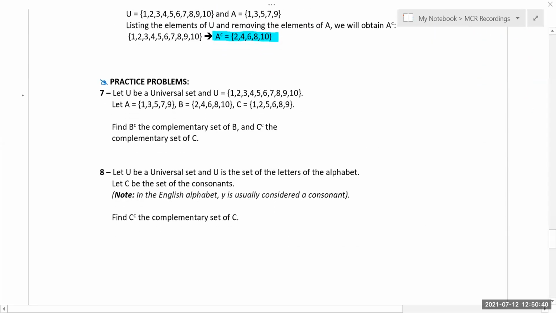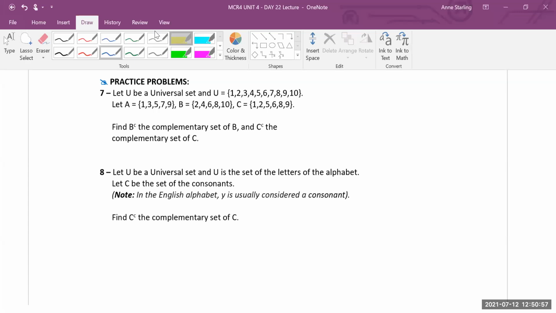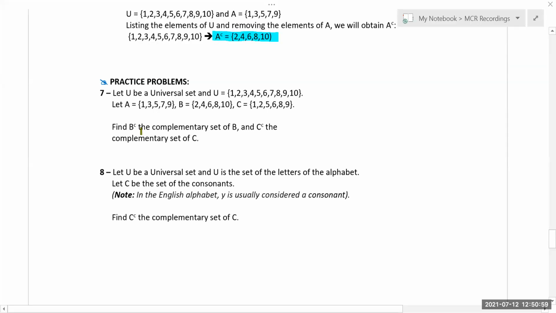So try question 7. Figure out B complement and C complement for this problem. And I'm going to give you just a minute to do that. So when I'm trying to find B complement, B is 2, 4, 6, 8, 10.